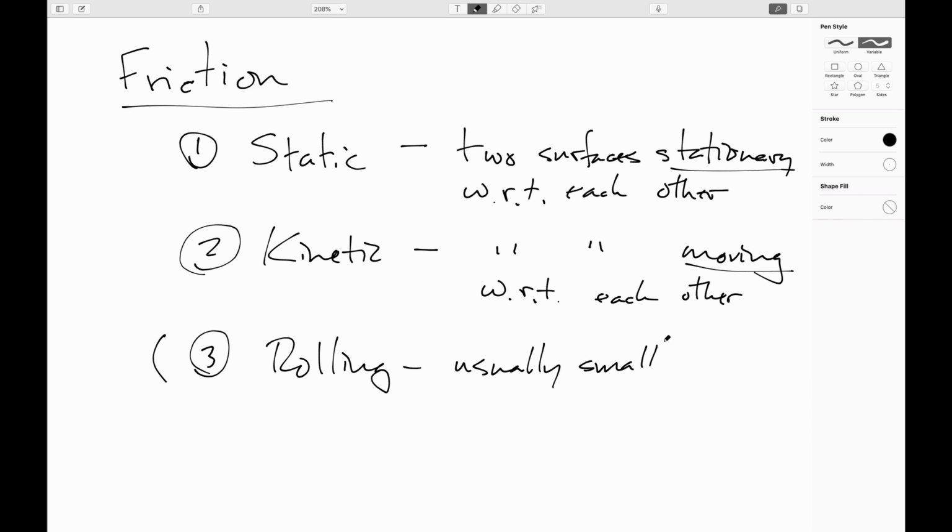It's usually small. Usually you can get away with not making a big deal about it. The only time you might care is, say, if you're designing cars or something like that, then the rolling friction of tires matters. But I don't think that's really worth getting into too much here. I'll have more to say about it later after we explore static and kinetic friction. But mostly not going to be making that big of a deal about it.